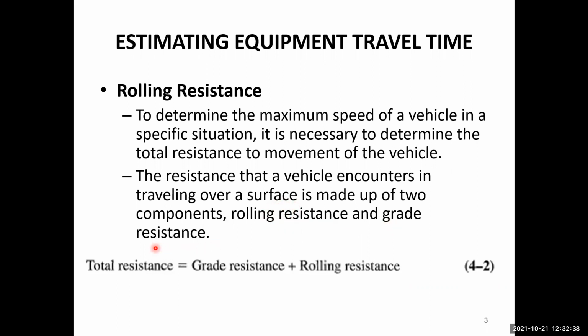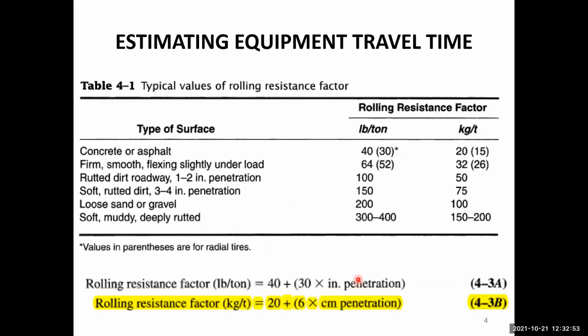Grade resistance depends on the slope of the surface, sloping up or sloping down. So the total resistance is the grade resistance plus the rolling resistance.